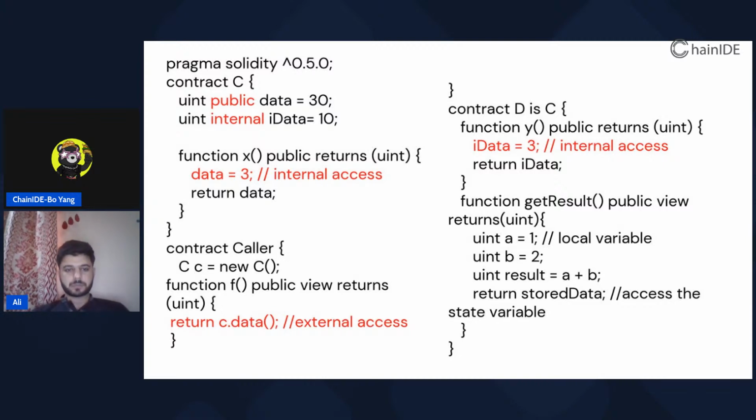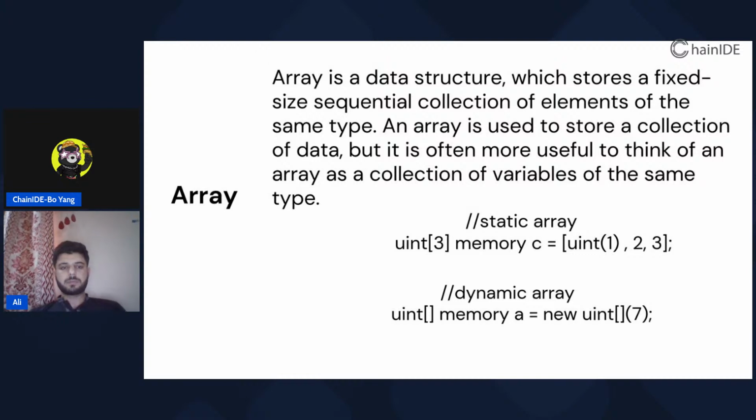So this is the external access. Just public can be used for the derived class but not the internal. Internal cannot be used outside the parent smart contract, it can be used just within the parent smart contract.